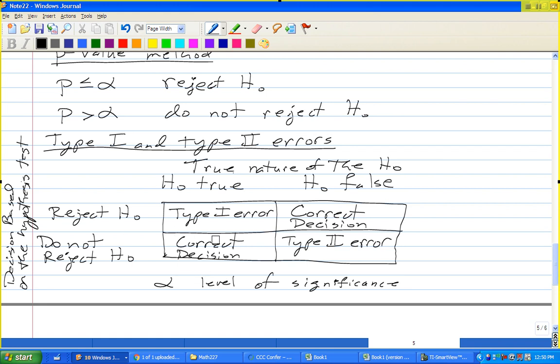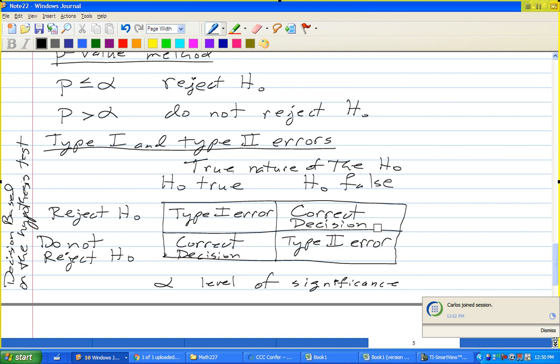Justice has been served. If the null hypothesis is guilty, he did commit the crime, he goes to trial, and the jury convicts him. So we have rejected the null hypothesis. Again, justice has been served. A correct decision has been reached.